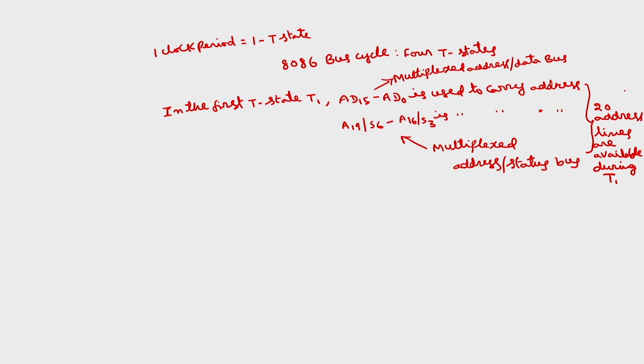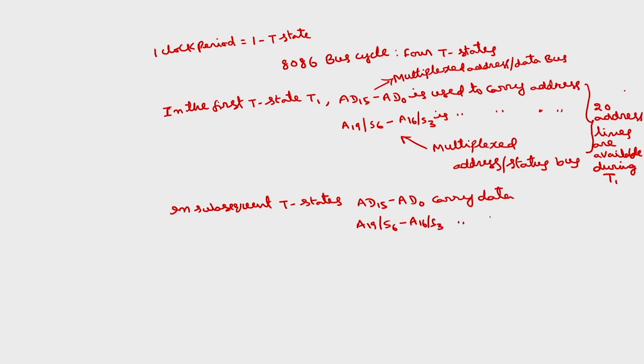So in subsequent T states, AD15 to AD0 carry data, and A19/S6 to A16/S3 carry status signals, because here we require the status signals and data bus for transferring the data. Only in the first T state we require the address bus.